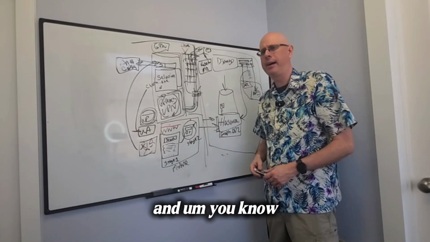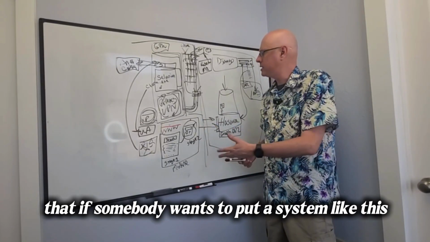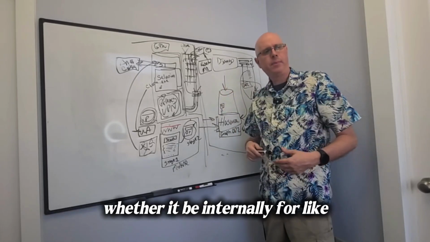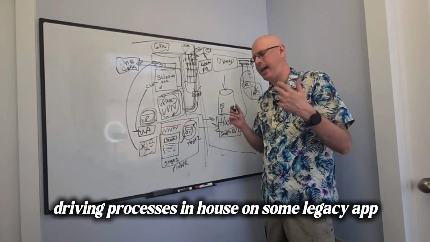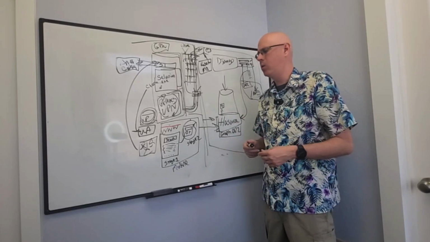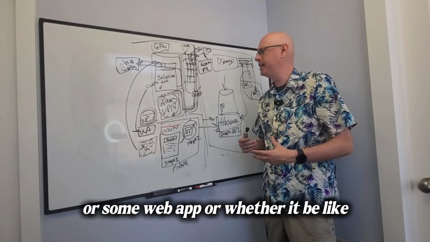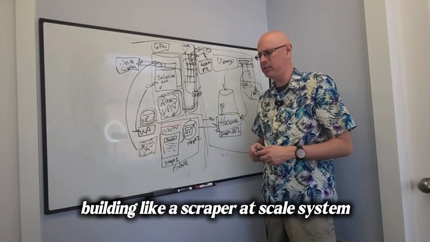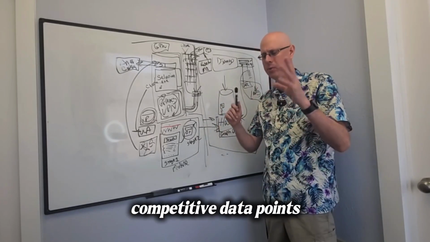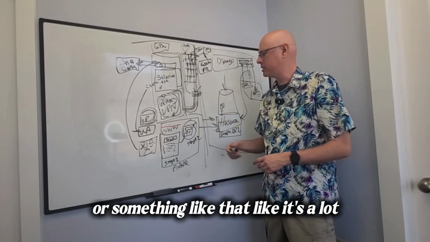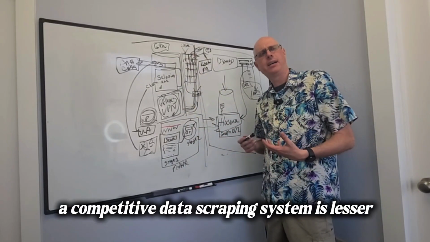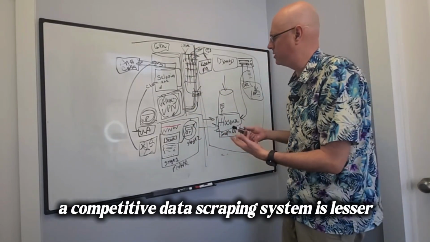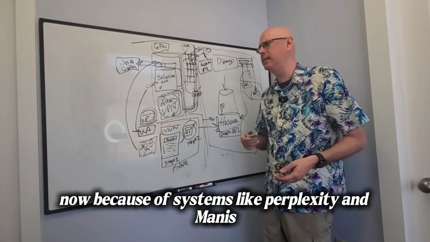I think that if somebody wants to put a system like this in place, whether internally for driving processes in-house on some legacy app or web app, or building a scraper-at-scale system that's getting competitive data points from a bunch of different places, this system's value as a competitive data scraping system is lesser now because of systems like Perplexity and Manus.